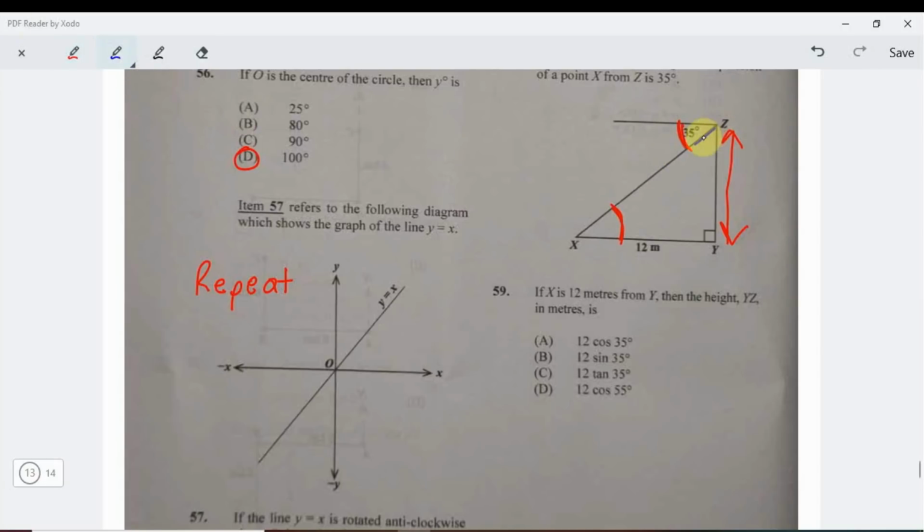If we're trying to find YZ, then we have the adjacent, and we're trying to find the opposite, right? So we use tan. So tan of 35 is equal to the opposite, which is YZ, over the adjacent, which is 12. When we cross multiply, we get YZ is 12 times tan 35. That's option C.